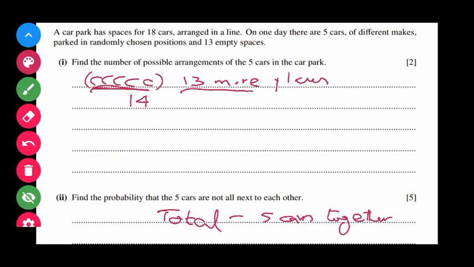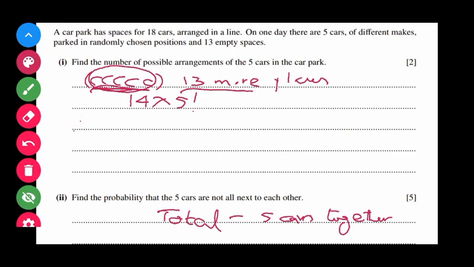So we'll take the total 5 cars as 1 place. That is why 1 place plus 13. So totally 14 places. So there are 14 places the cars can be arranged, and these cars can be arranged in 5 factorial ways. So we get 14 into 5 factorial ways the cars are together.